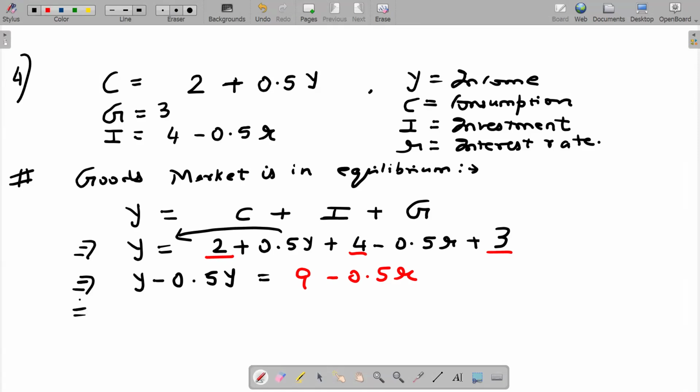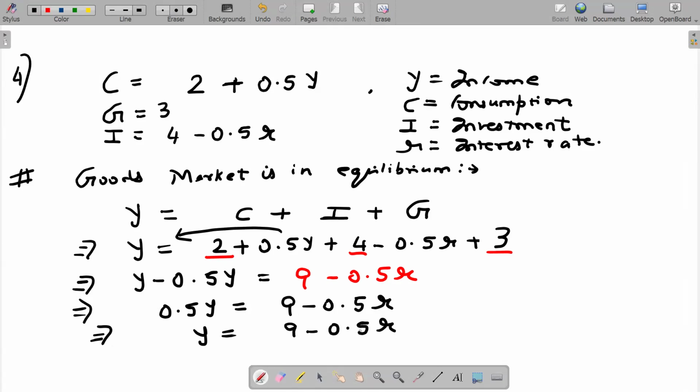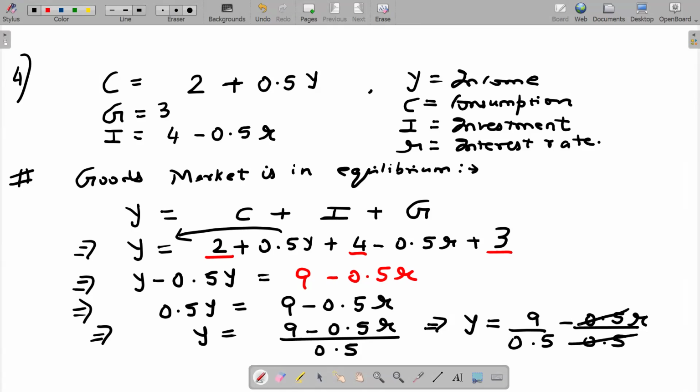So if I solve this, Y minus 0.5Y is just 0.5Y, equals 9 minus 0.5R. So my Y comes out as 9 minus 0.5R over 0.5, which implies Y is equal to 9 over 0.5 minus 0.5R over 0.5. This cancels out. I get Y as 18 minus R, since 9 over 0.5 is 18.